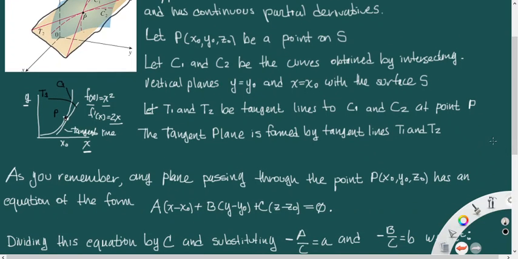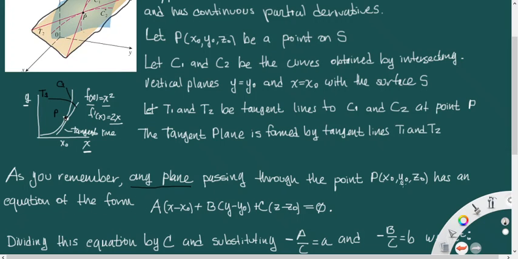I hope and I expect that this is enough explanation. As you remember, regarding the point P, you already have done these calculations before. Any plane passing through any point P in a three-dimensional space has an equation.